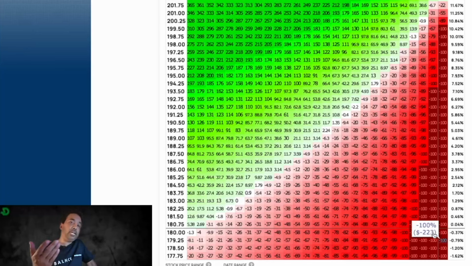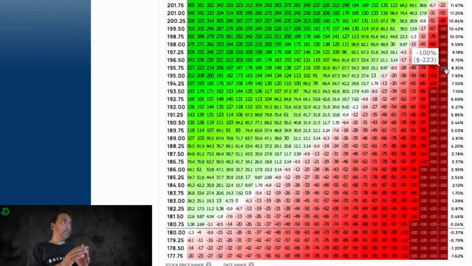The $223 you paid is the max you can lose. So your loss is capped, but you have unlimited upside potential. It can go to infinity here, which is why it keeps going up, but on the downside your loss is capped.